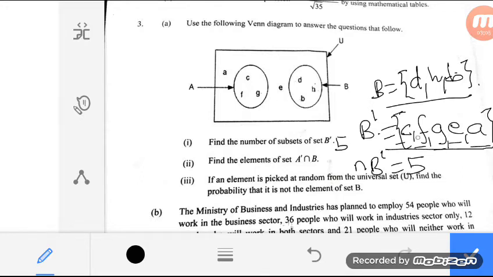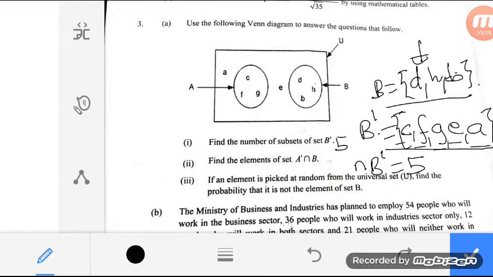B complement means those which are not in this set of B, those which remain. So we have already seen that the number of B complement is 5.